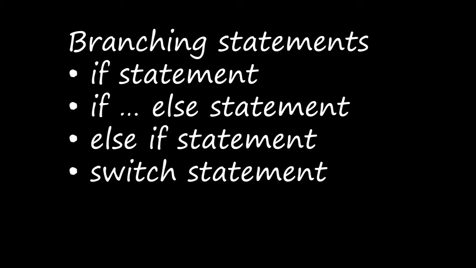There are two types of conditional statements, branching and looping. Branching means selective, looping means repetitive. First we are seeing branching statements. In branching statements we have if statement, if else, else if, switch. Okay, four statements are there. First we are going to see about if and else if.